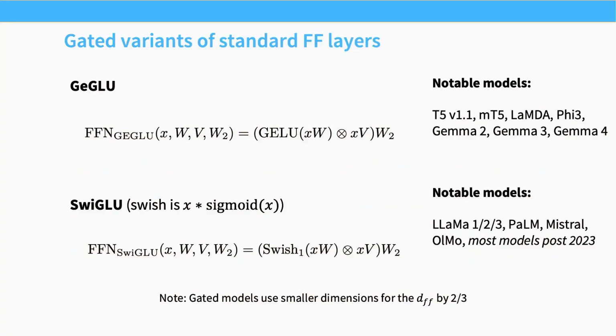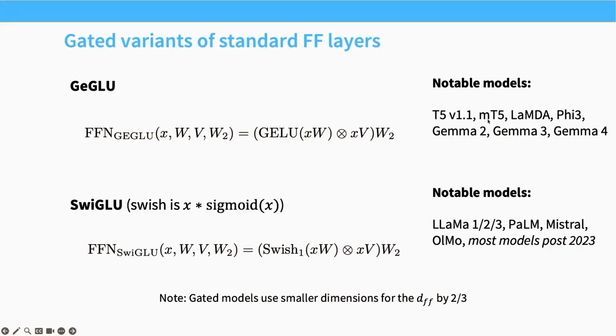If you take something like a GELU, we've already talked about that, that's like the ReLU but with a little divot at the bottom here, you will get a GeGLU. And if you take a Swish, which is x times a sigmoid, then you will get a SwiGLU. So this is a Swish times the rest of it. And this really covers a lot of the modern models.